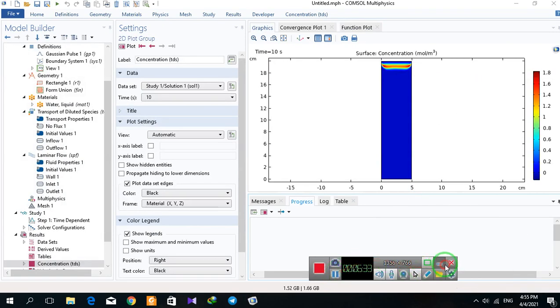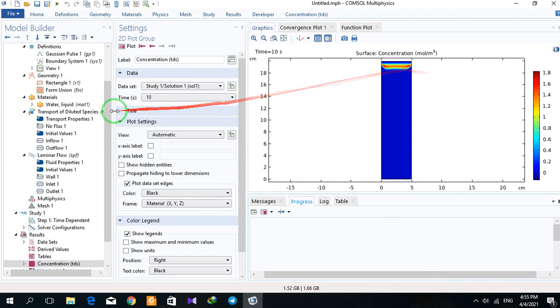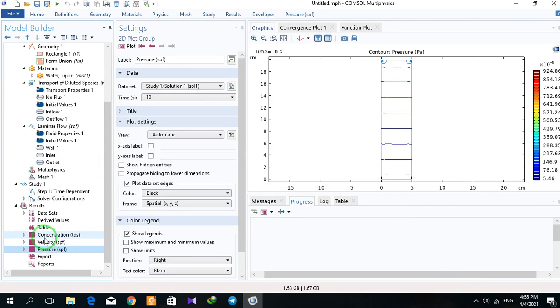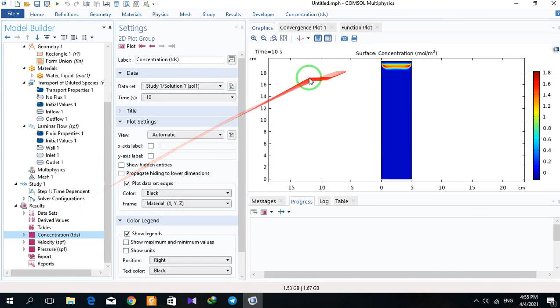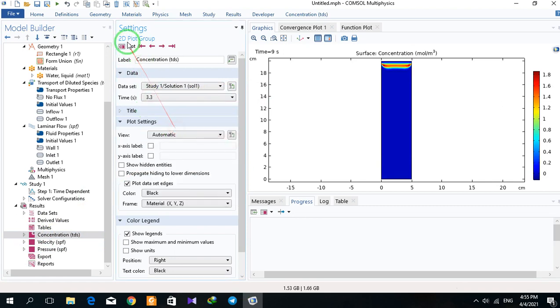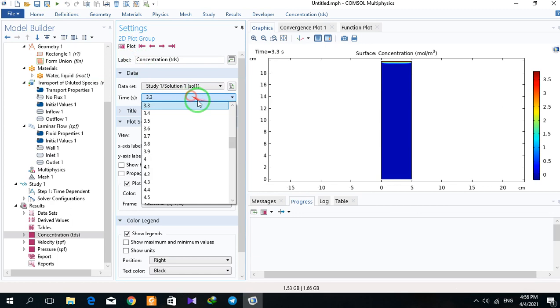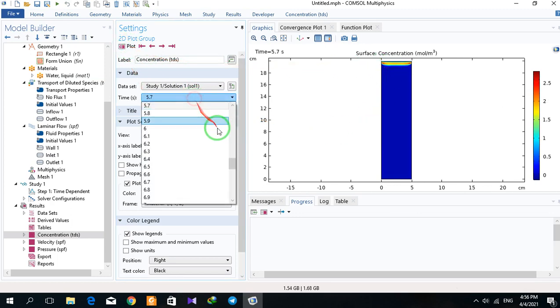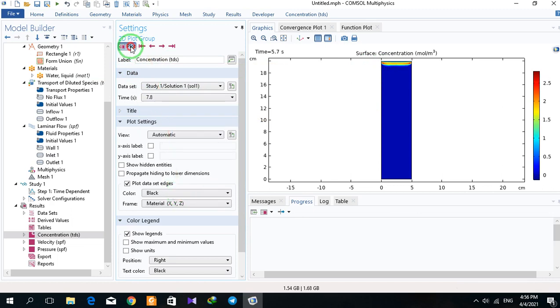So after a while and after running, we have our results here: velocity, pressure, and concentration. We can see the concentration profile for different times. If we increase the time, we can see the movement of this one.